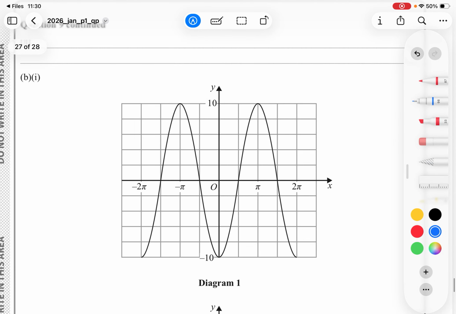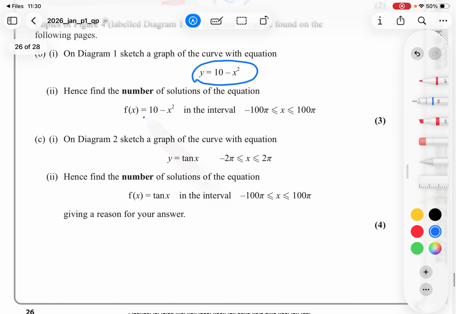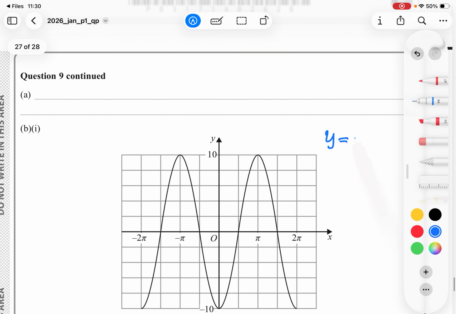So what you have to plot is y equals 10 minus x squared. The very first thing is, let's get some points. The points would be: when x is 0, y is 10.